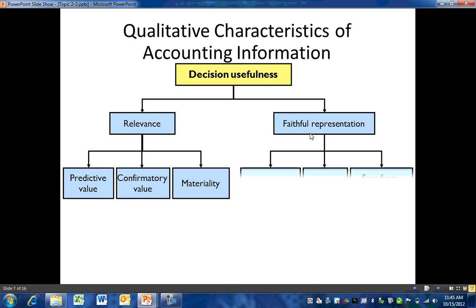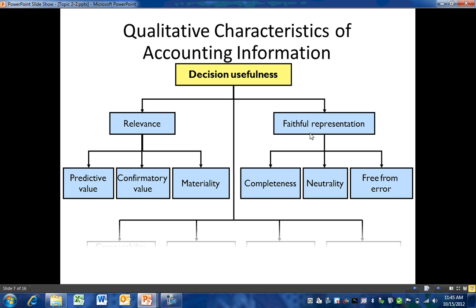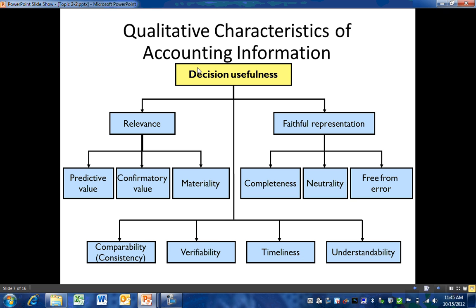Qualitative characteristics of accounting information are split between the relevance of the information, and by relevance we mean the predictive value that the information has. Again, remember, users are taking historical information that are contained in the financial statements and using them to make future-oriented decisions. So the information we provide to users has to have this predictive value.